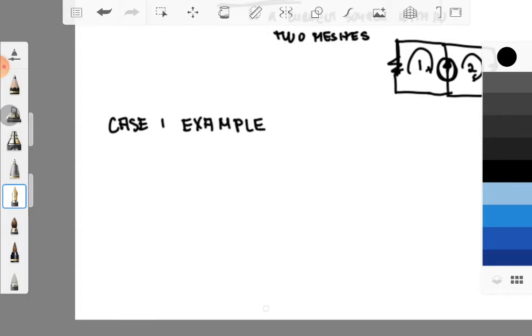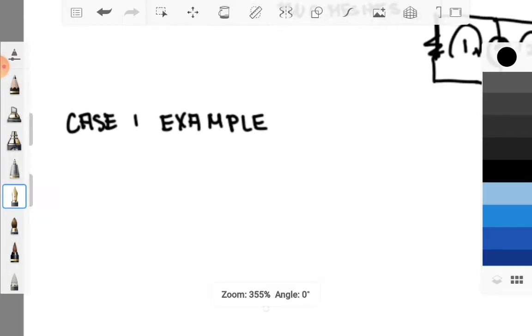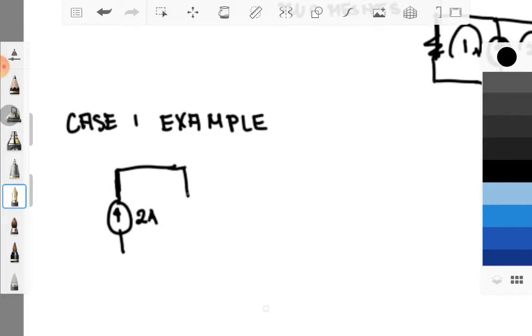This will be our case 1 example. So, what is the figure? Actually this is a nodal analysis problem, but nag-freestyle lang ako. Ginawa natin siyang mesh analysis problem in order for you to understand the concept of mesh analysis with current sources.